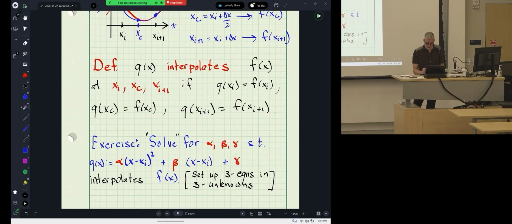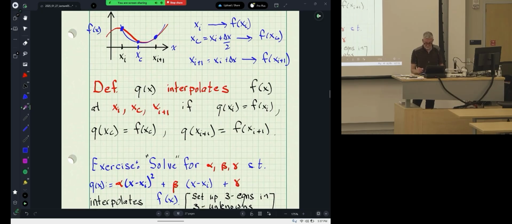So how do you find alpha, beta, and gamma such that our quadratic here matches f of x at xi, xc, and xi plus 1?